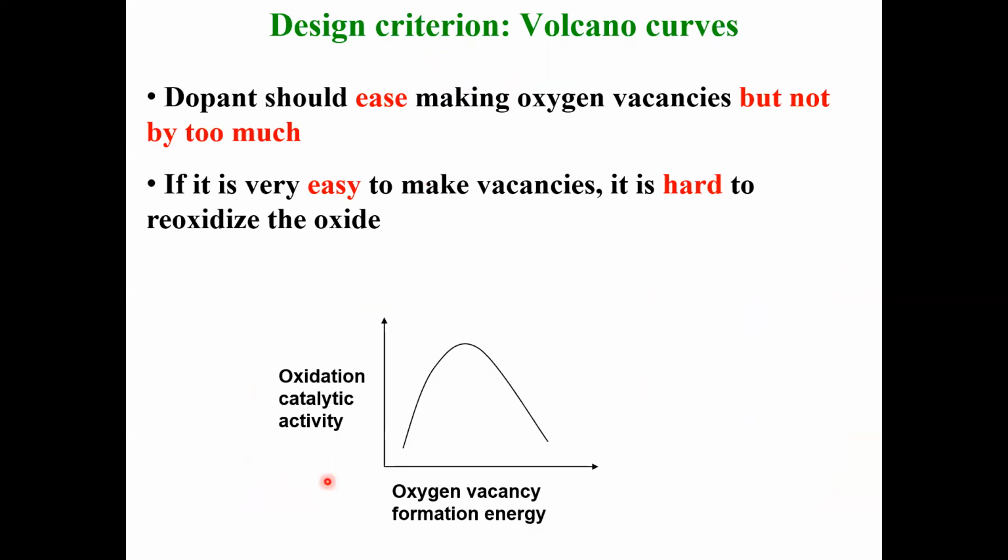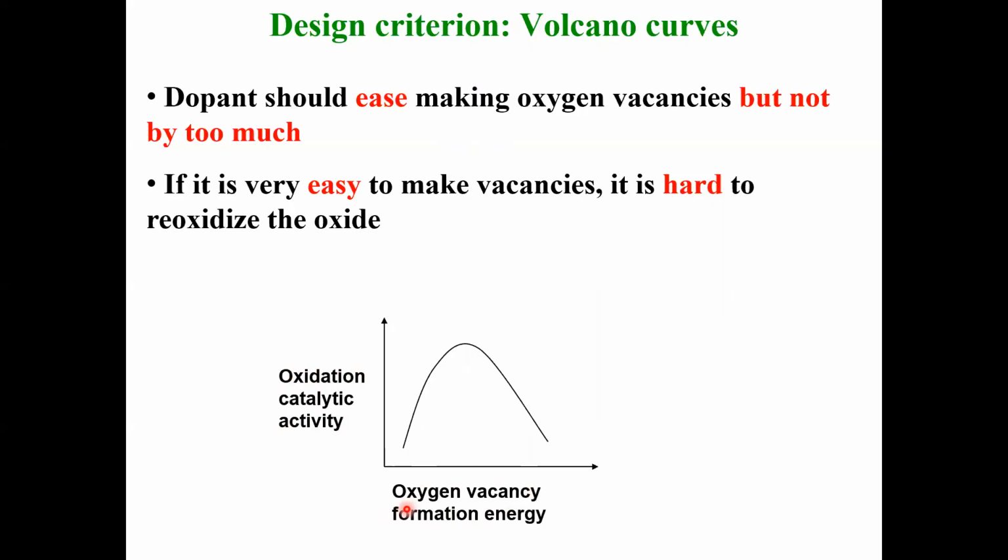In this case, oxygen vacancy formation energy is a descriptor which is going to be a crucial physicochemical parameter, which is going to be the governing parameter for thinking about the oxidation activity. So if I can control this, I can control the oxidation activity. So this physicochemical quantity is called a descriptor.